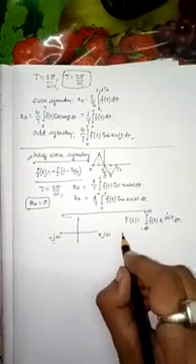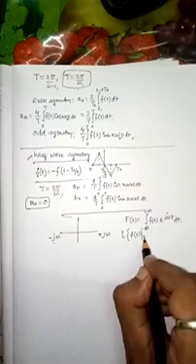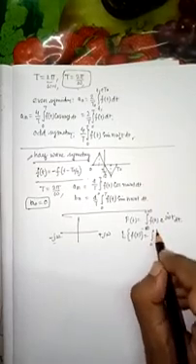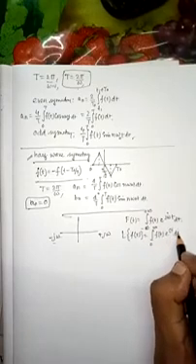But if you are writing the Laplace transformation, L of f of t, it should be integration from 0 to infinity of f of t e to the power st dt.